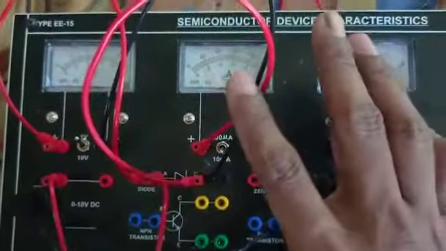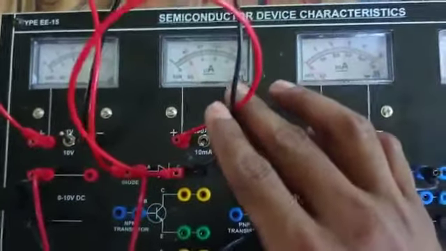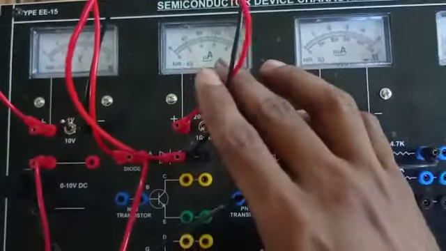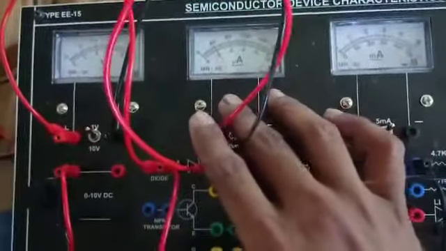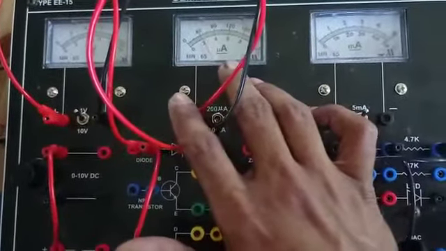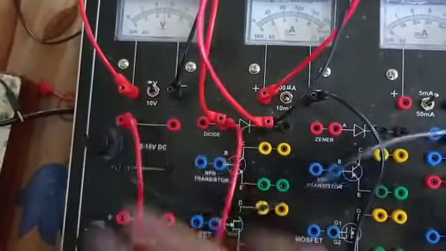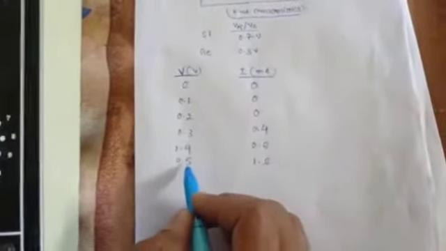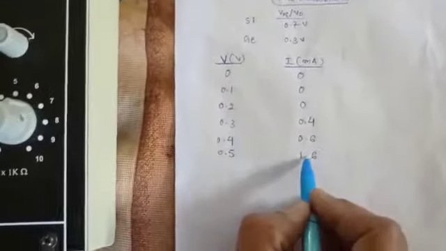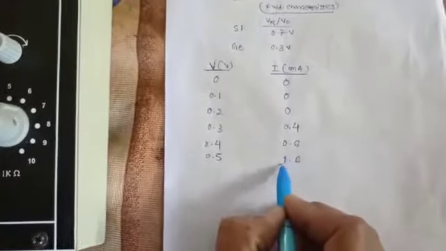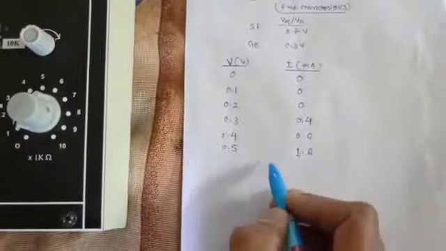The maximum current is, sorry, 2.3 milliampere flowing across the diode at the maximum voltage. So this is the forward characteristic. We can see that at 0.5 volt the current is 1.6 milliampere, and when we further increase the voltage, the current will rise rapidly. This is a silicon diode.